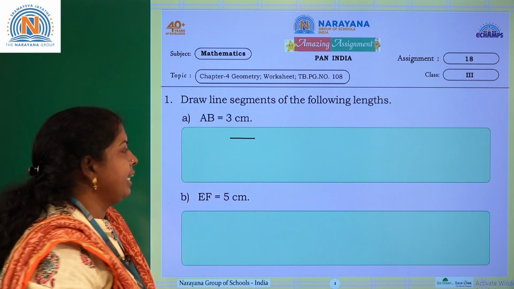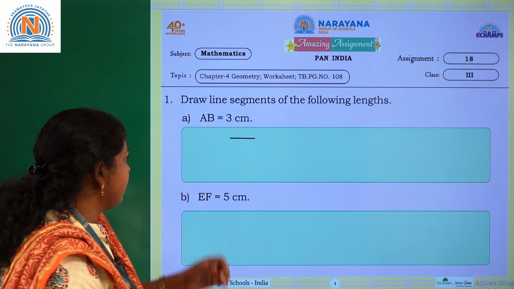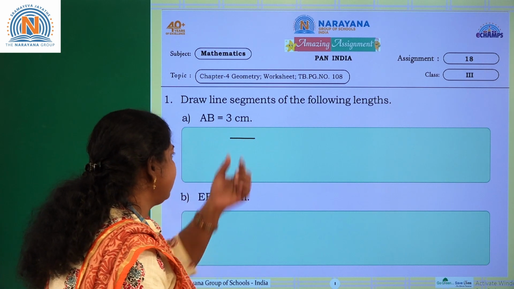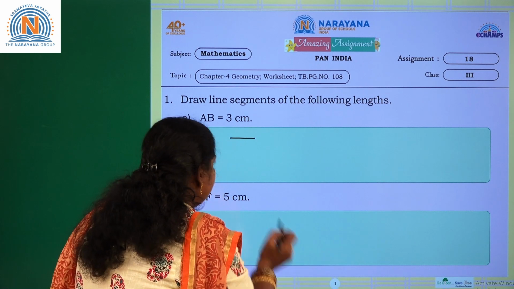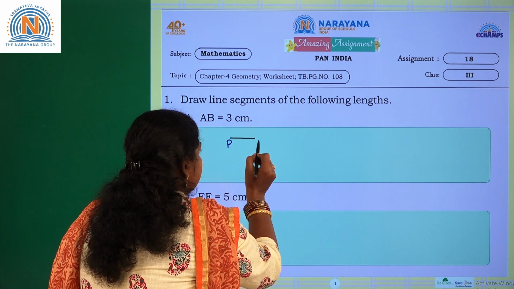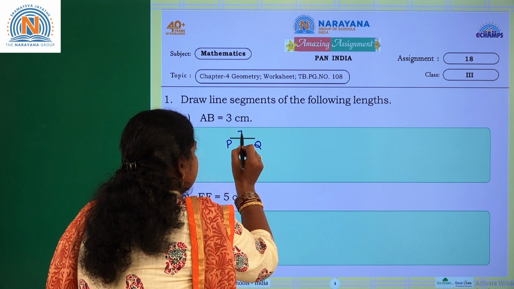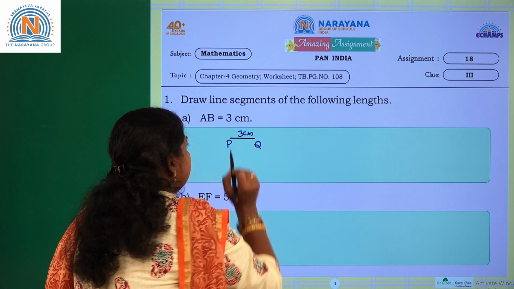This line segment is of length 3 centimeters and you can name this line segment as PQ or AB, and this is of length 3 centimeters.